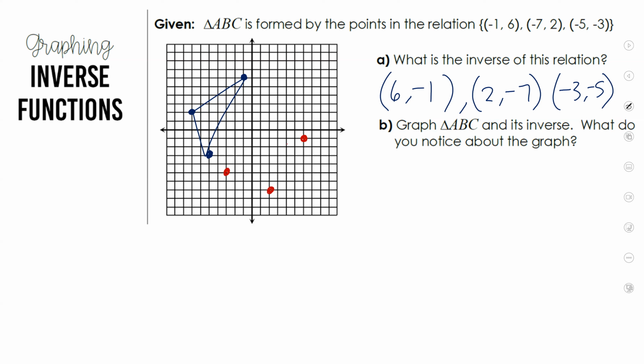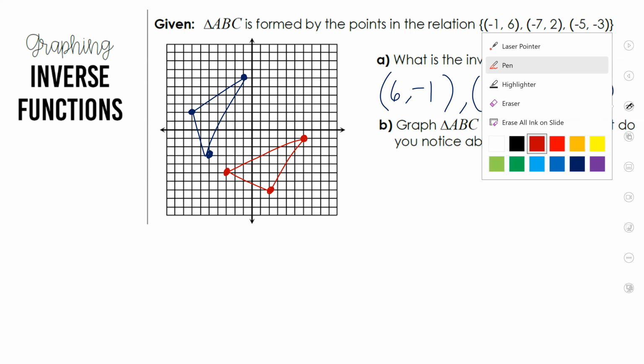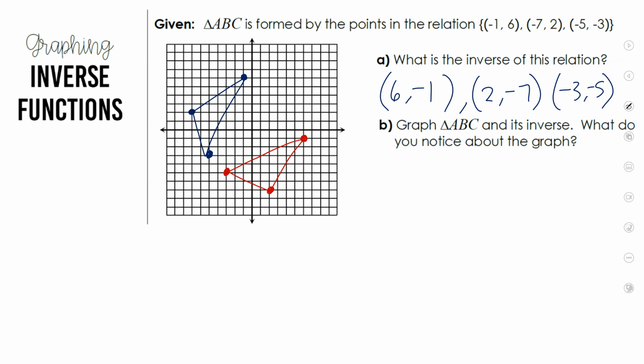All right. So those are inverses of each other, those two triangles. Notice it is reflecting across the diagonal line, y equals x. Inverses are always reflections of each other across that diagonal line. Okay, so that's what you should notice.